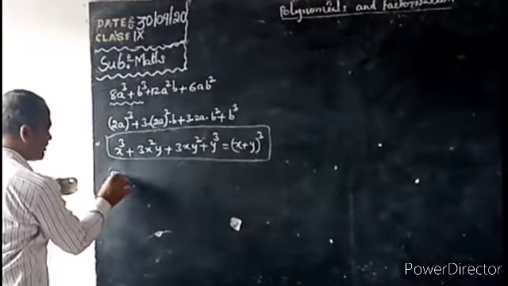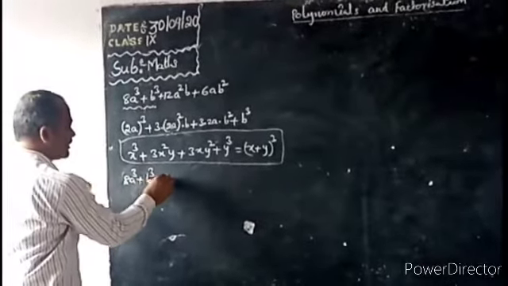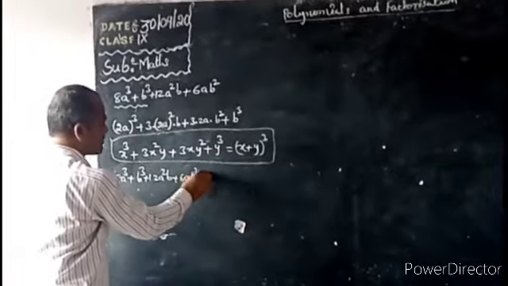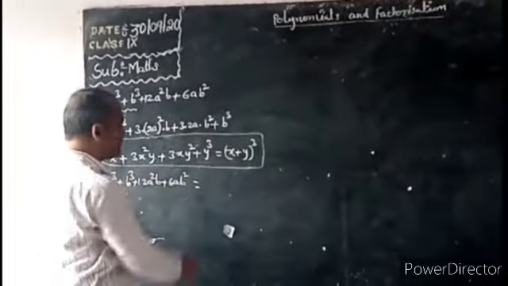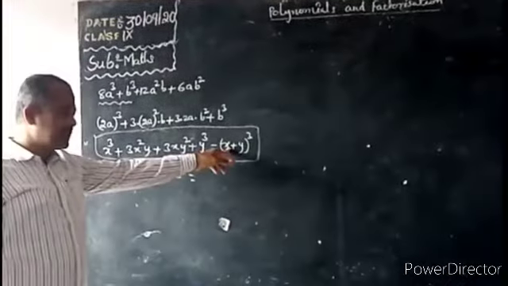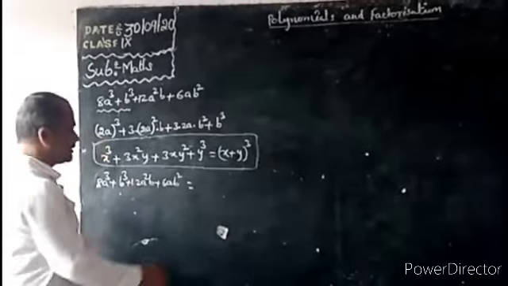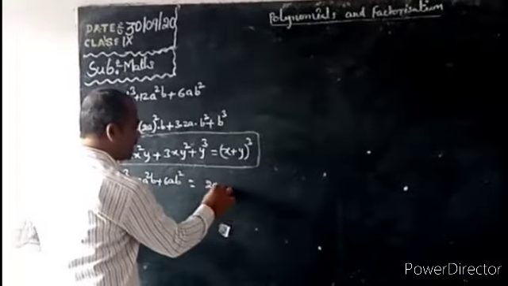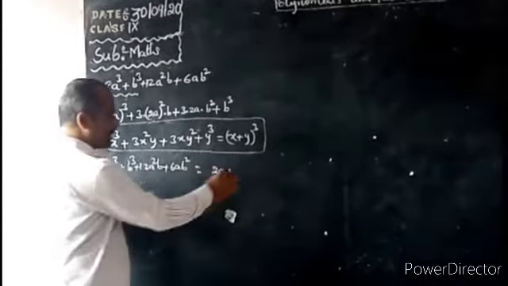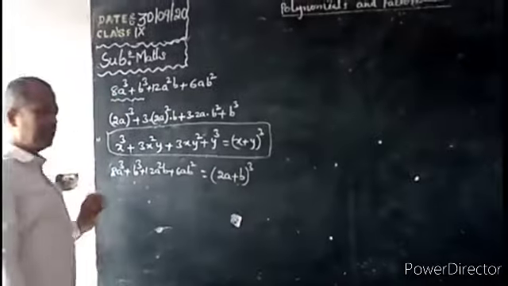Now 8a cube plus b cube plus 12a square b plus 6ab square can be written as: x means how much here? In place of x, what exists here? 2a. So it becomes 2a plus y, plus b. 2a plus b whole cube.